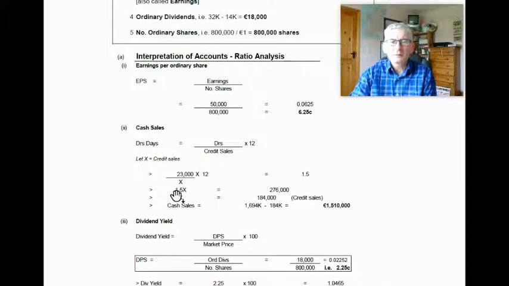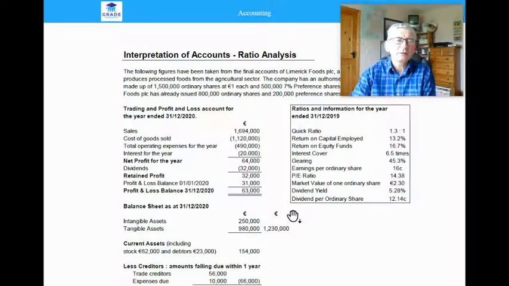Now, it becomes an algebraic question. Cross multiplying, 1.5x is equal to 23,000 by 12, which is 276,000. Therefore, x is equal to 184,000. That's our credit sales, 184,000. Well, how do we get our cash sales?